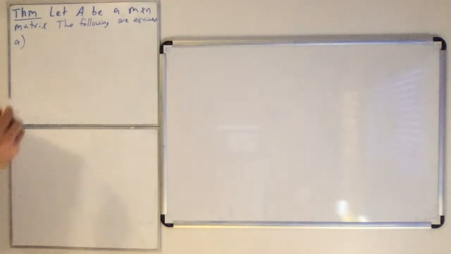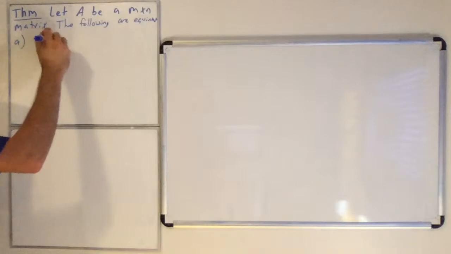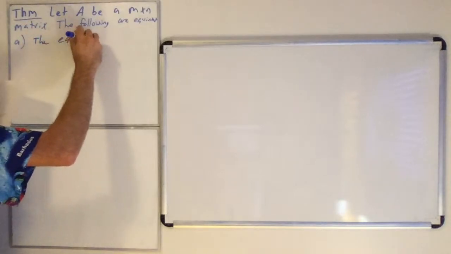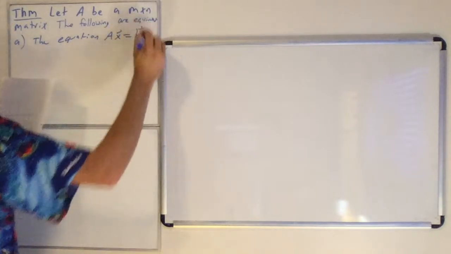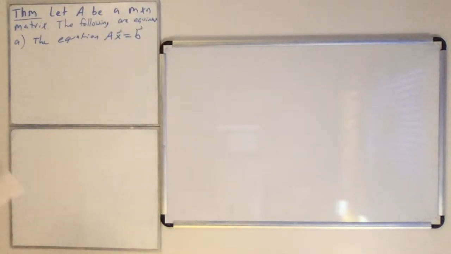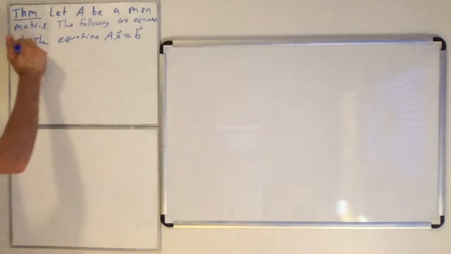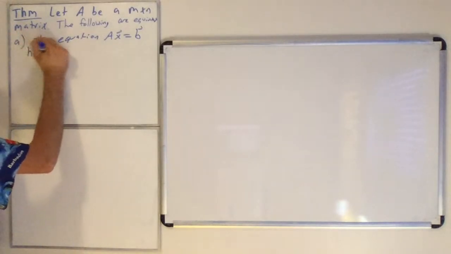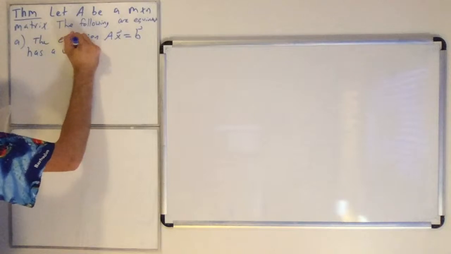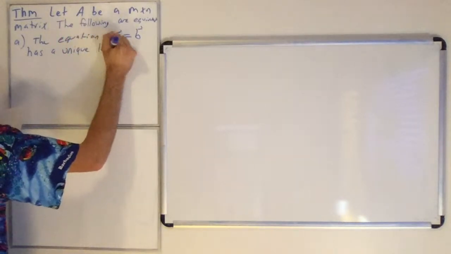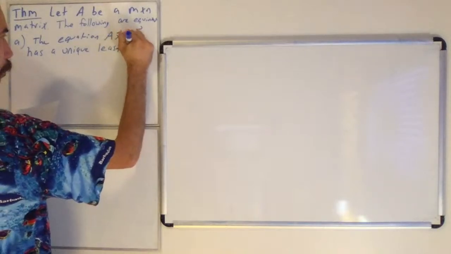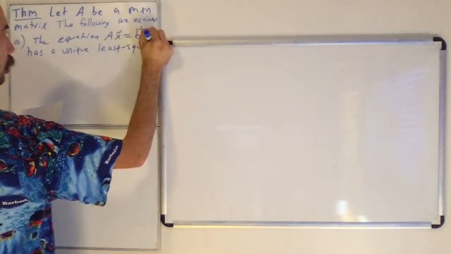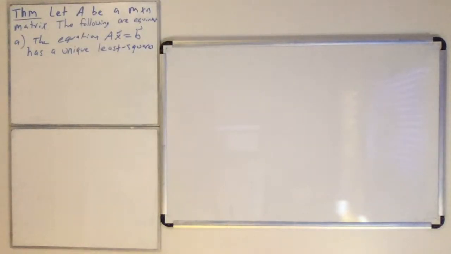First, the equation Ax equals b has a unique least squares solution for all b.